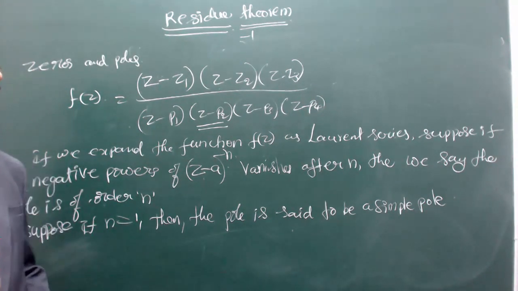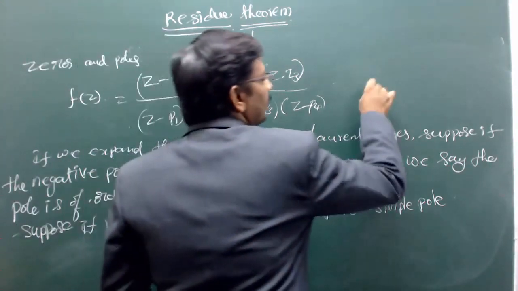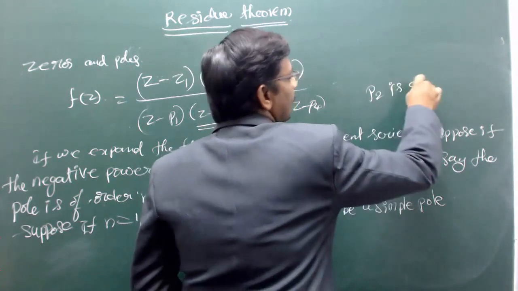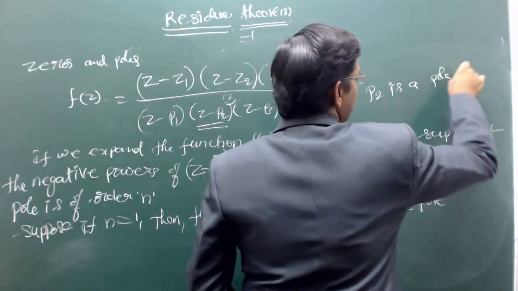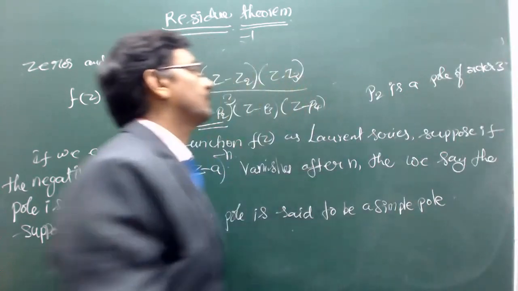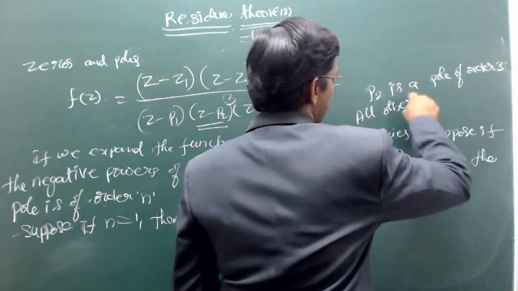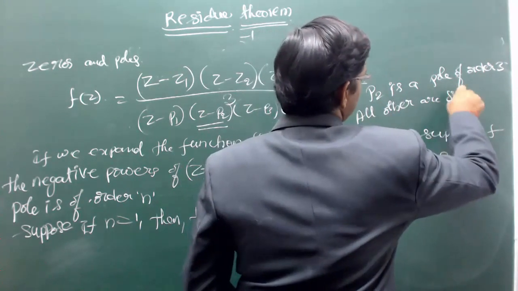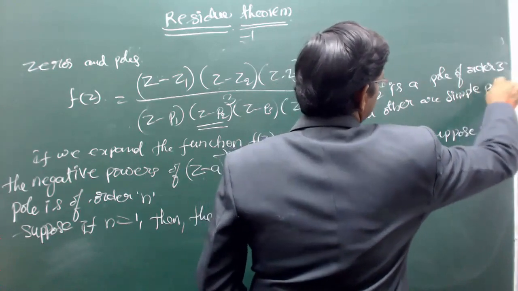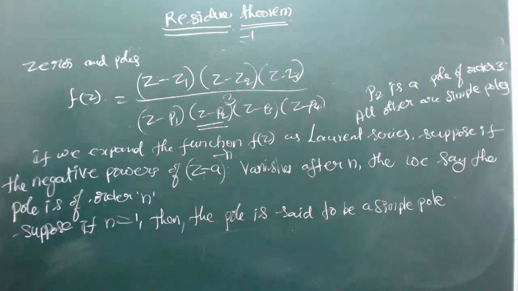Suppose this z minus p2 whole cube is there, then p2 is a pole of order 3, and all other poles are simple poles. Got it?